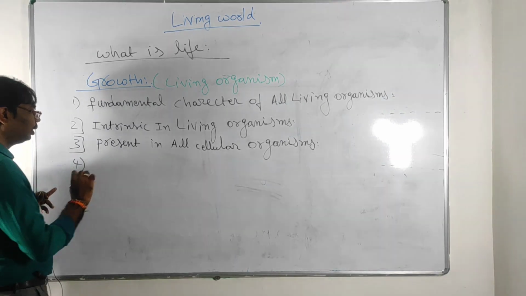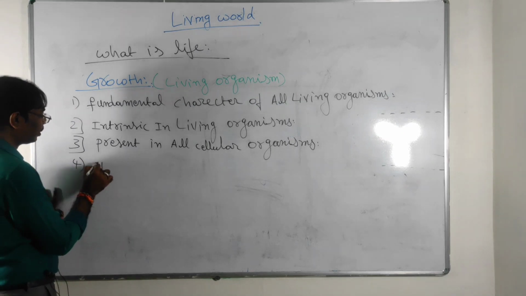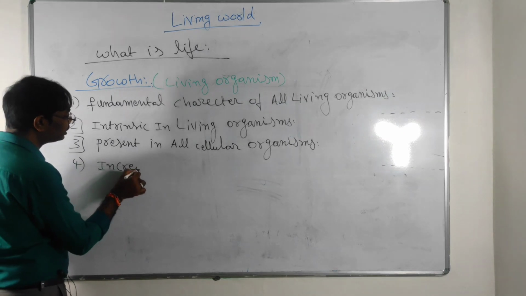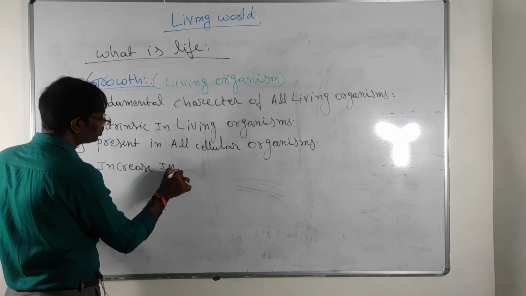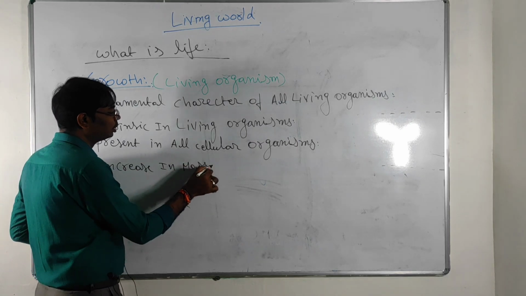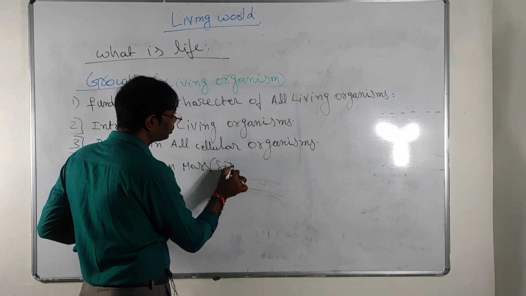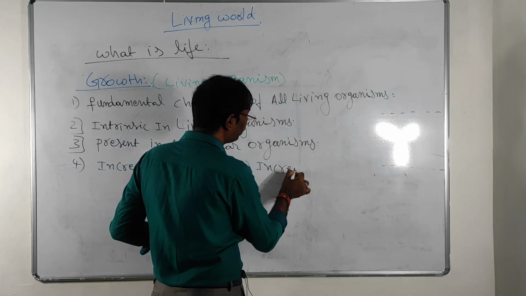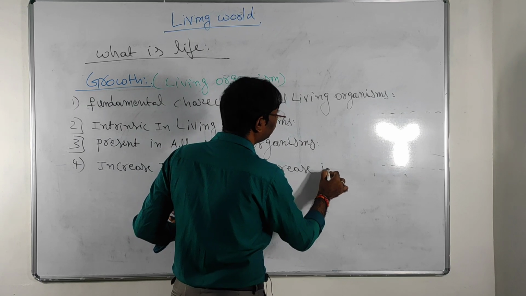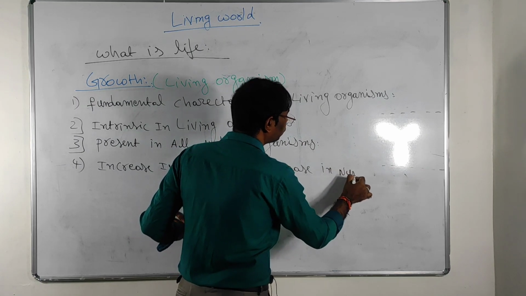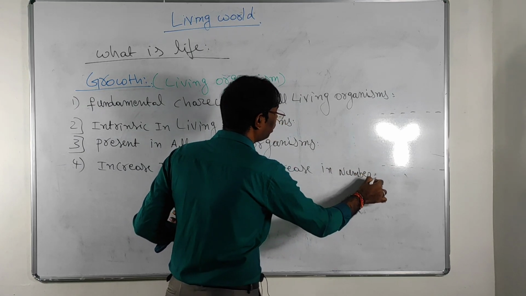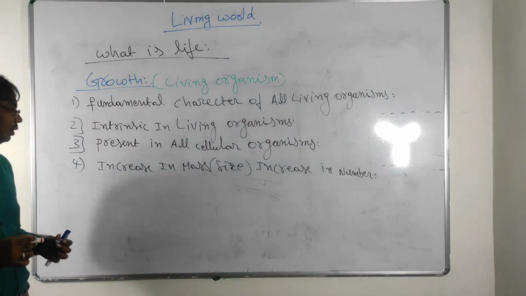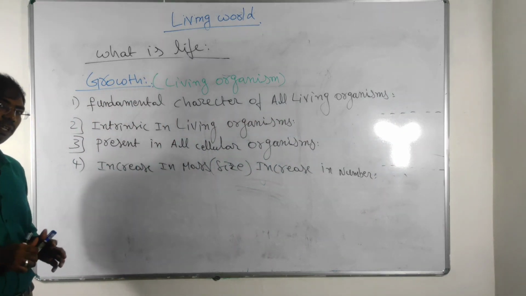And growth has two properties. One is increase in mass, meaning size of the organism, and another one is increase in number. So increase in mass and increase in number are the twin characteristics of growth. Two characters are there for growth.